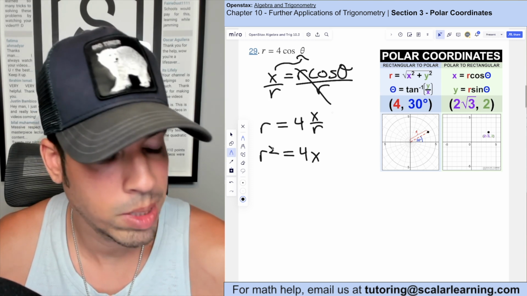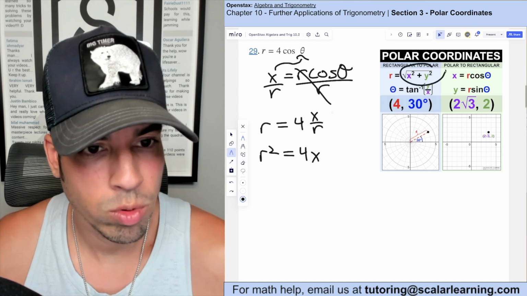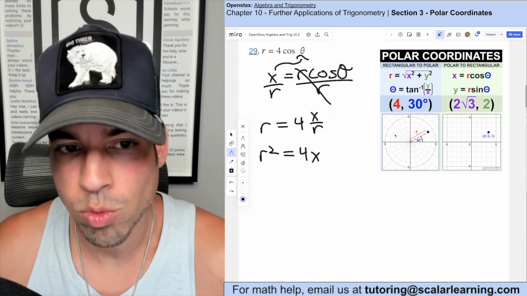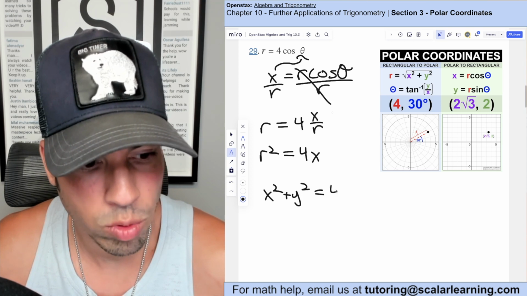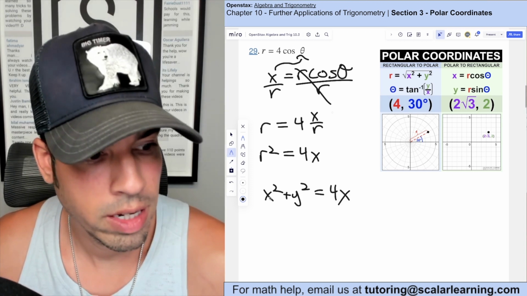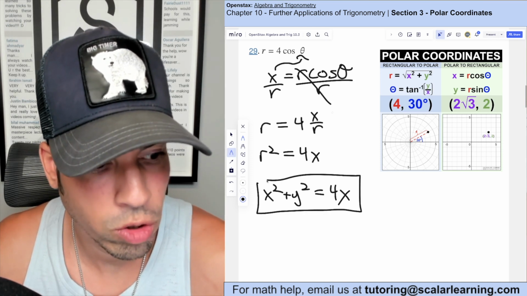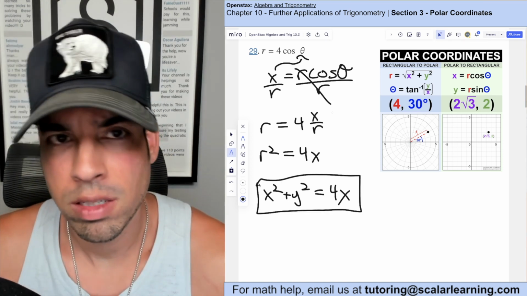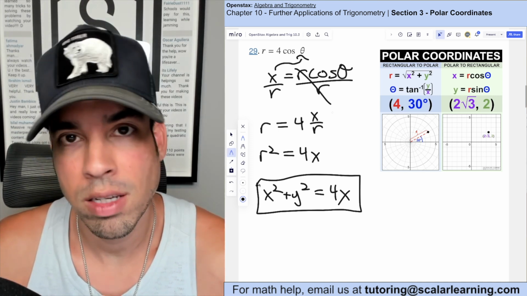Now this is great because I know that r equals this, and r squared therefore equals this squared, aka just x squared plus y squared. So we got x squared plus y squared then equal to 4x. And this is one of the answers in the back of the book, so I'm going to leave it as is. But what you can do, and what they did for the alternative answer, is they put it into standard form for a circle, because this does represent a circle. But anyways, that's how you do it.